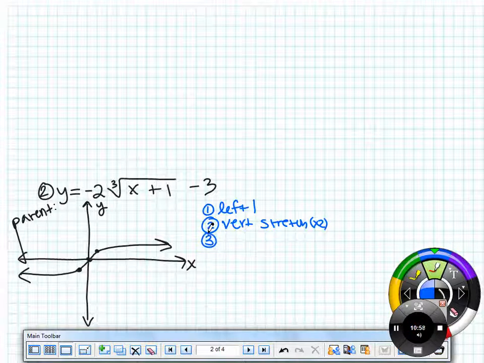Okay, a third transformation. Good, vertical reflection. So you guys can just say vertical reflection, or you can say a reflection over the x-axis.